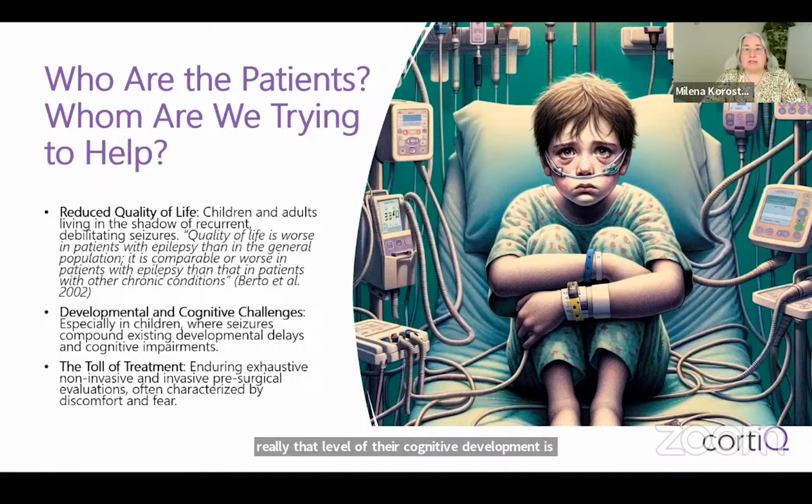And this presents a big challenge because we need to have some approaches, some paradigms that we can use with children that are not always cooperative, that have often the level of development much lower than we can expect.